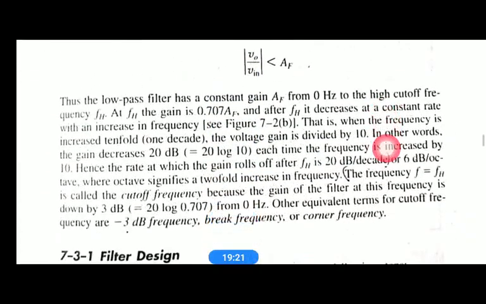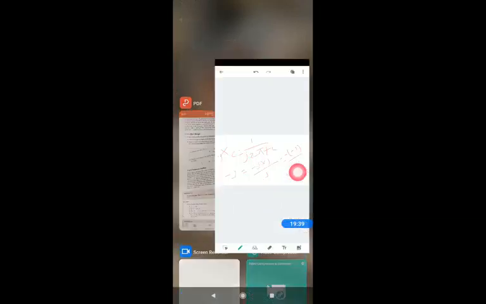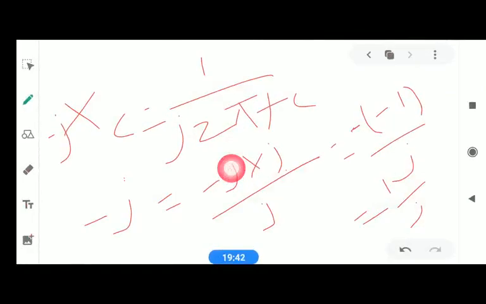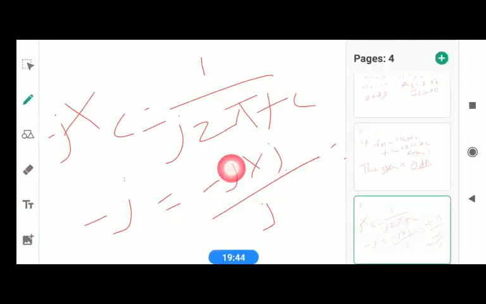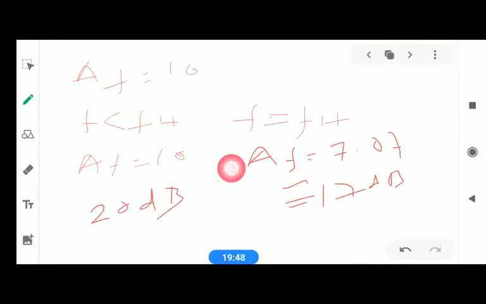Usually the gain after fh reduces by 20 dB per decade, which we discussed in the previous class also.